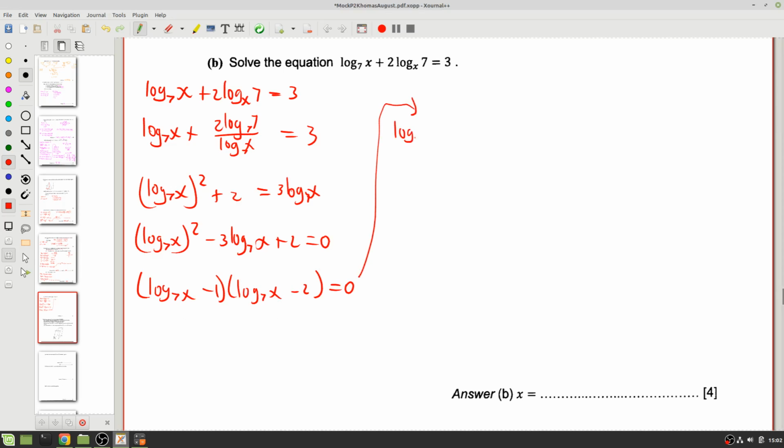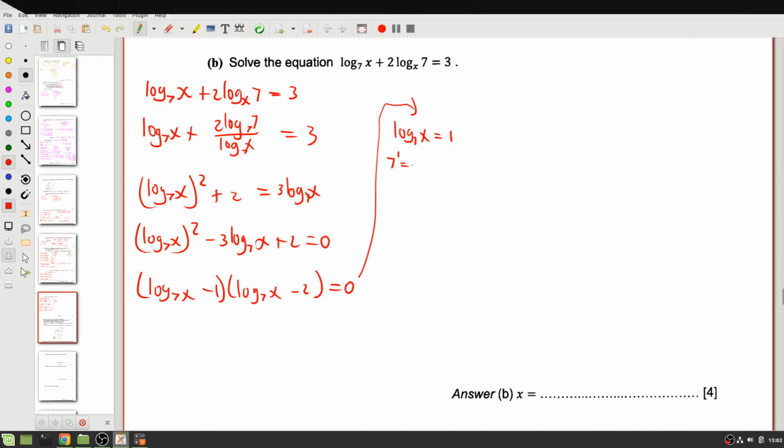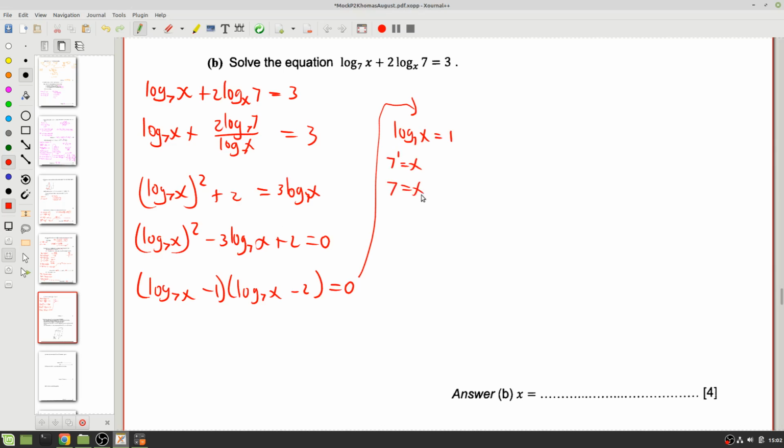So either log base 7 of x equals 1, and rewriting that in exponential form, we get 7 to the power 1 equals x, that just means 7 equals x. Or we can have log base 7 of x minus 2 equals 0. So that'll be log base 7 of x equals 2. Write that in exponential form, so 7 to the power 2 equals x, which means 49 equals x.